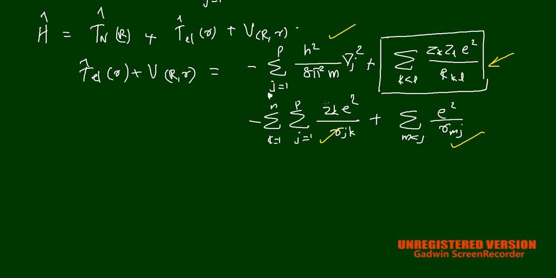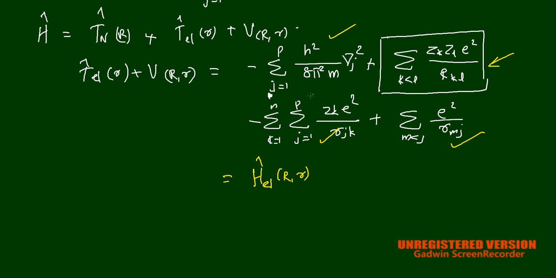Okay, so if you add the first, third and fourth terms, we can call this the purely electronic Hamiltonian. So we can write it as H cap electronic. H cap electronic means the first term plus third term plus fourth term, and that is H cap electronic (r, R), because it depends upon both the electronic and nuclear position coordinates.